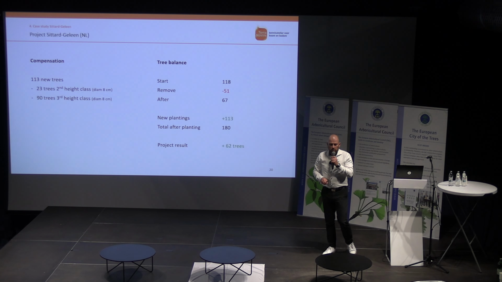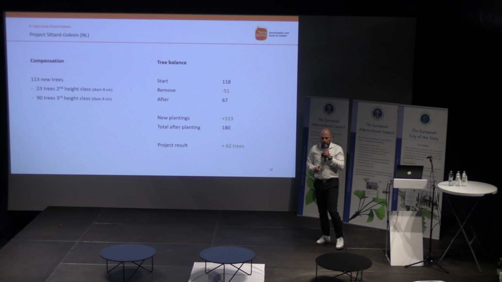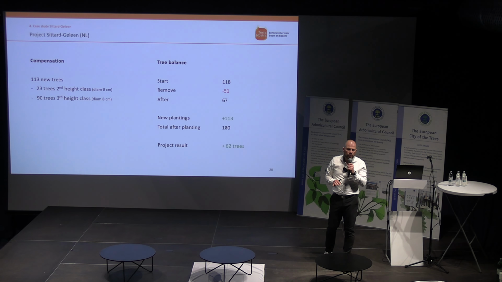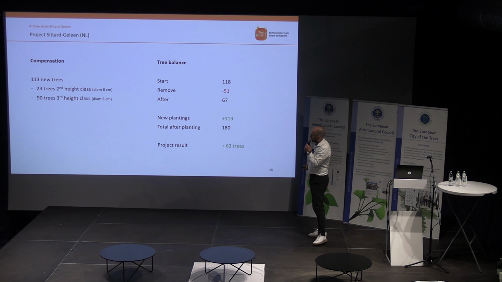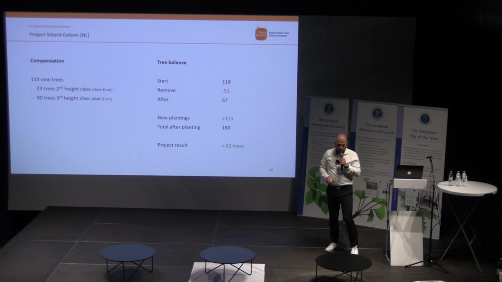As an addition to this project, we were asked, what if you plant new trees? Can you have a look in this project? Based on this design, how many new trees can be planted? And we calculated that we can plant 113 new trees, 23 trees from the second height, and 90 trees from the third height. And that's where the tree balance comes in.